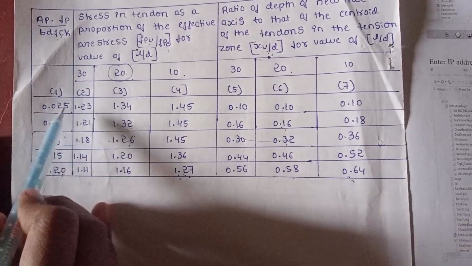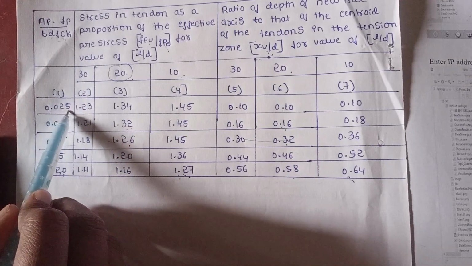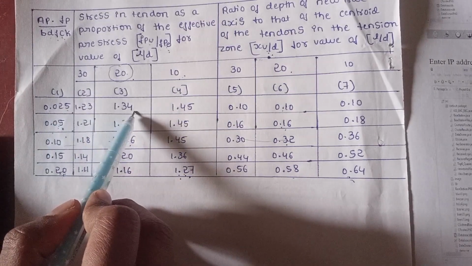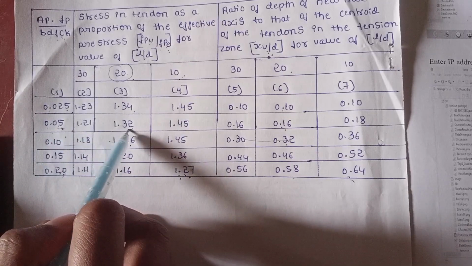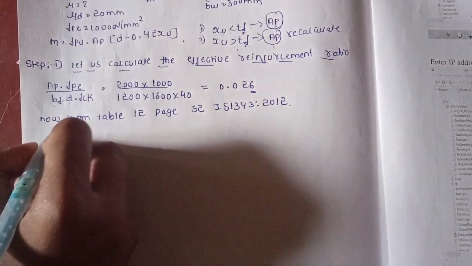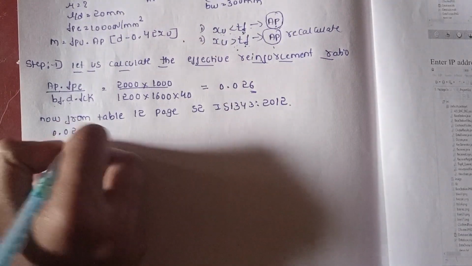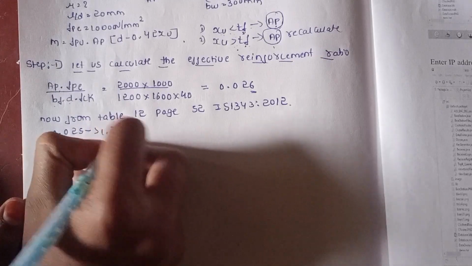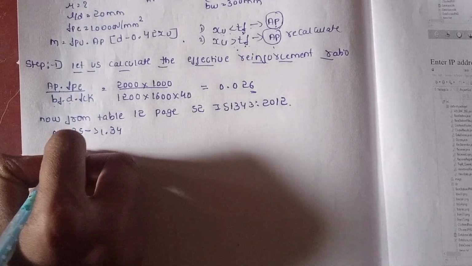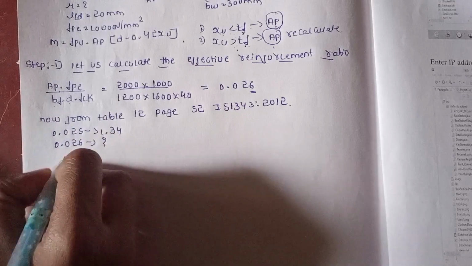So 0.025 corresponding value is 1.34, and 0.05 corresponding value is 1.32. Now we want the 0.026 corresponding value.